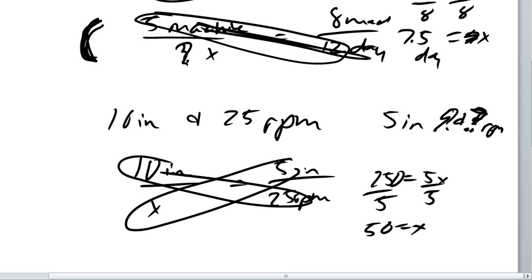So once again, these are indirectly related to each other. Notice I still have inches and RPMs, inches and RPMs, the same way, but they're not directly above each other, because the 10 inches would relate to the 25 RPMs. That's how I would approach something like that.